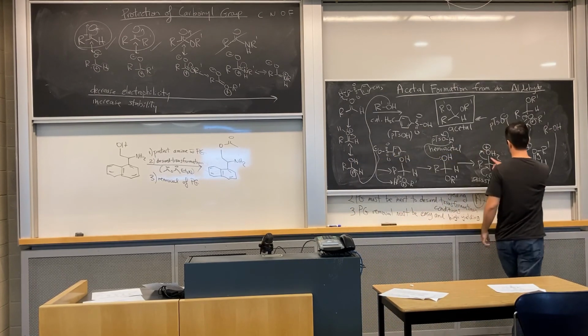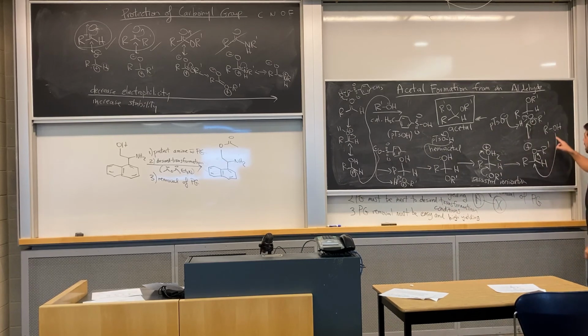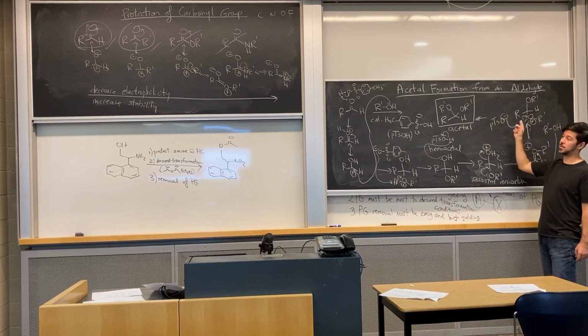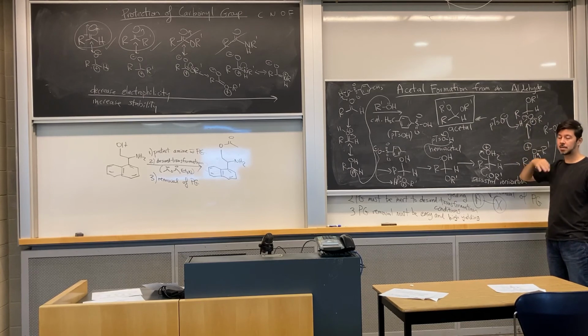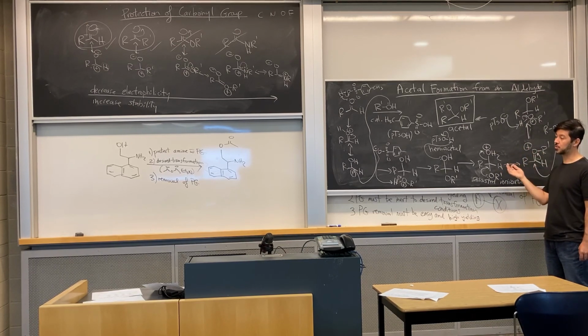That allows this to leave as water. And then after the second alcohol comes and attacks, the conjugate base of para-toluene sulfonic acid picks up the proton. So the para-toluene sulfonic acid is catalytic. You just need a very small amount, and it's really acting as a proton shuttle during this reaction. It's neither consumed or used during the reaction.